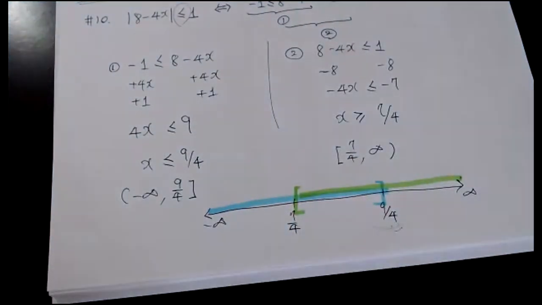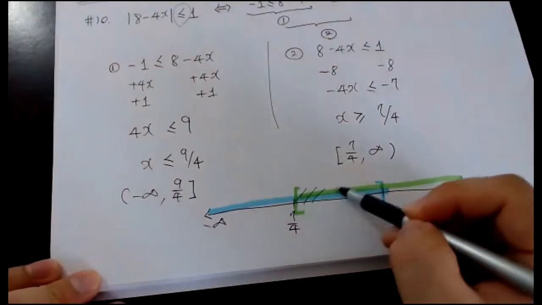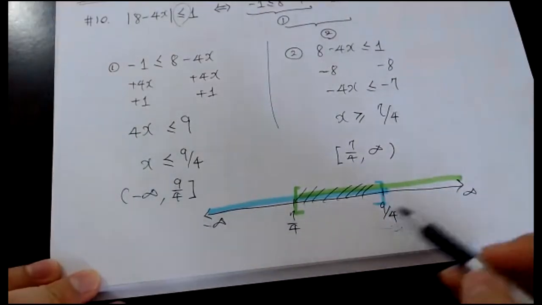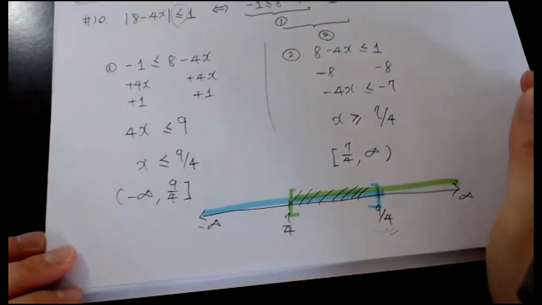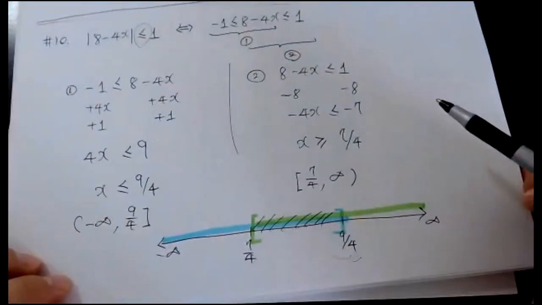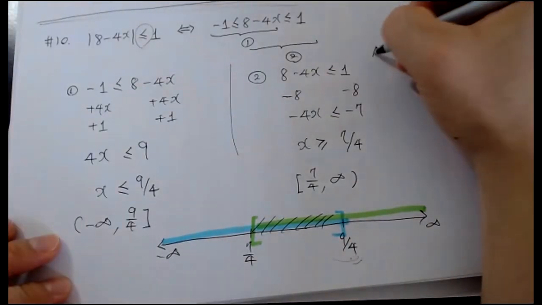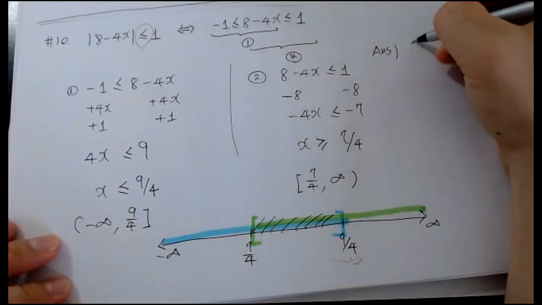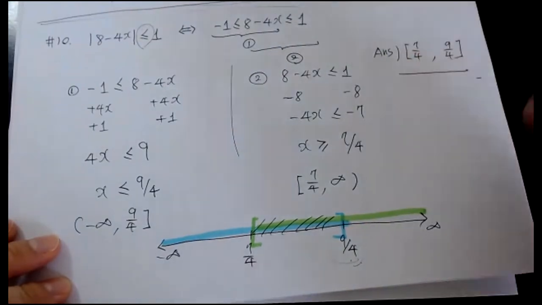You can see clearly the overlapping part here, right? So between 7 over 4 and 9 over 4, including endpoints, that's going to be the solution set of that inequality problem. So the answer is 7 over 4 closed to 9 over 4 closed.